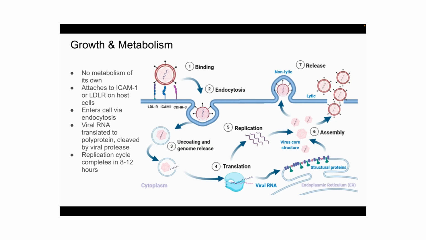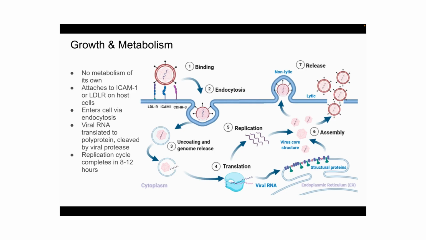To infect a cell, HRV binds to a receptor called ICAM-1. Once attached, the virus enters the cell through endocytosis, which means the host cell wraps the virus in a membrane and pulls it inside. Inside the cell, the virus releases RNA, which is translated into one long polyprotein.